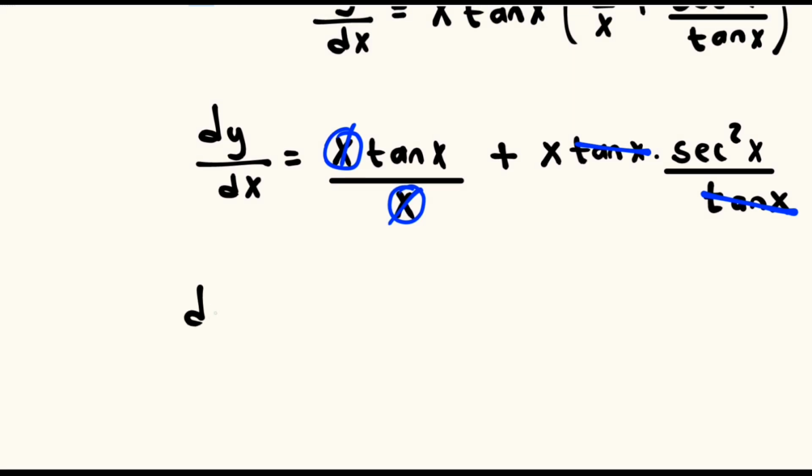So the derivative of the y with respect to x using the logarithmic law will be equal to the tan x plus that x multiplied by the sec squared x.